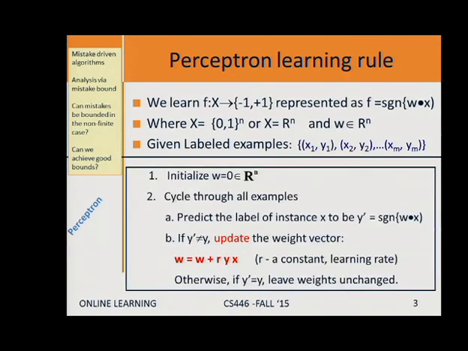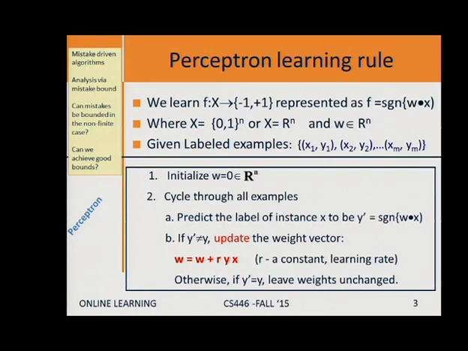Okay, so here's the algorithm. Very simple algorithm. We initialize the weight vector to 0. For example, cycle through all examples, and predict the label of an instance X to be Y prime, the sign of the dot product. If we made a mistake, that is, if the prediction is different than the label, then we update the weight vector in an additive way.